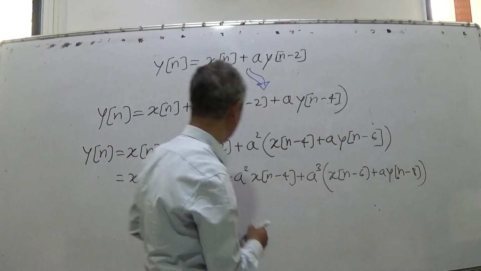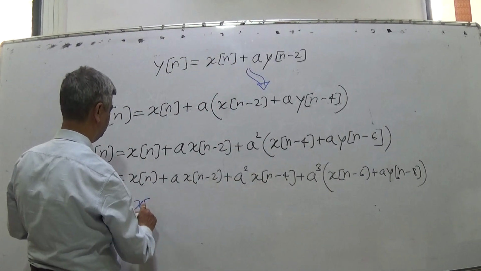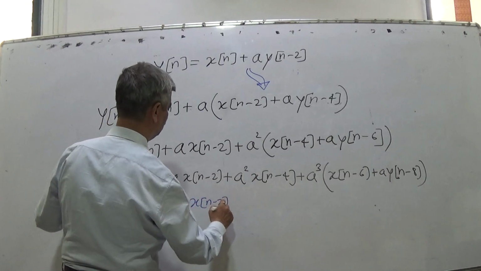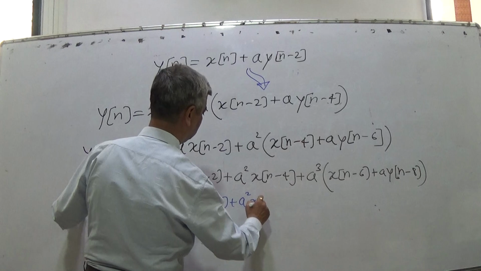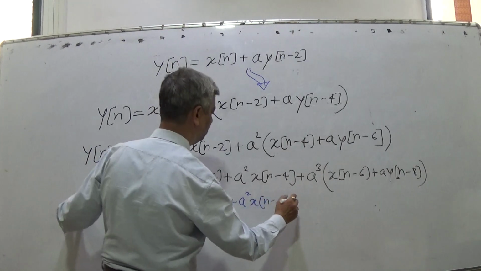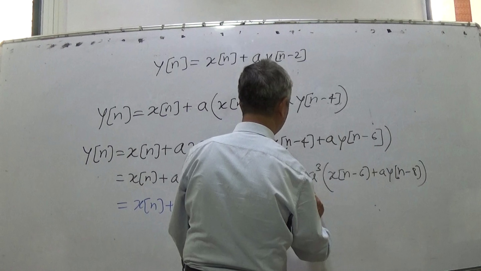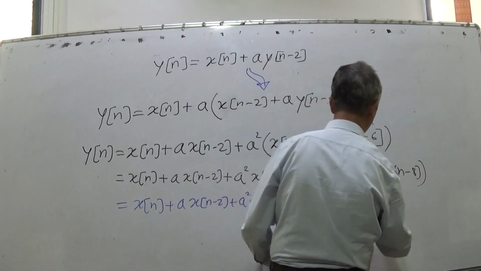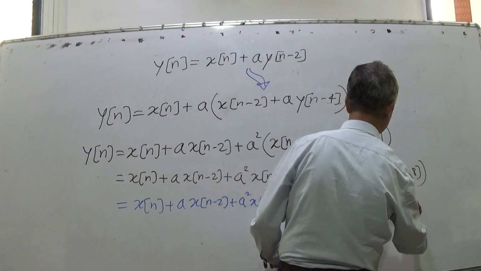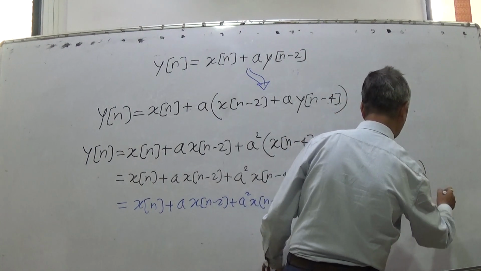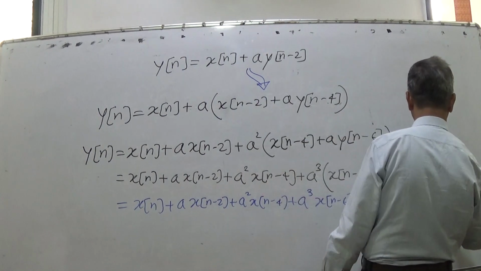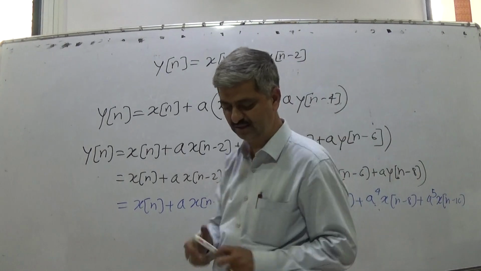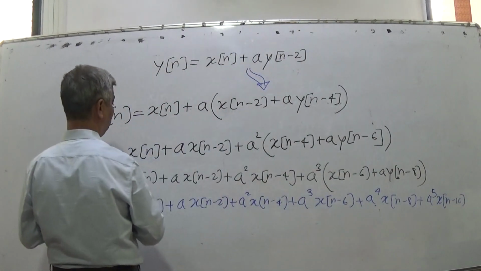Common sense prevails, and it should prevail always. xn plus a x of n minus 2 plus a square x of n minus 4 plus a cube x of n minus 6 plus a raised to 4 x of n minus 8 plus, obviously it will go like this, a raised to 5 x of n minus 10 and so on. So in general the formula would be like this.